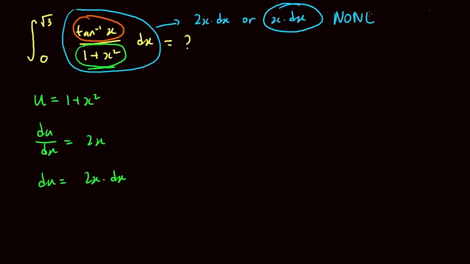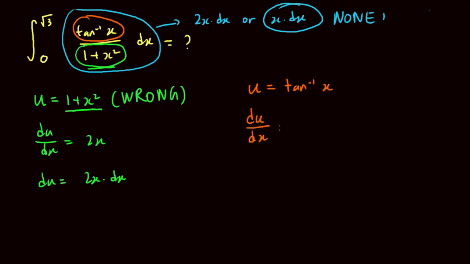So that means choosing u to be 1 plus x squared is the wrong choice. It's the wrong idea, alright? So therefore, let's re-choose our u to be tan inverse x.